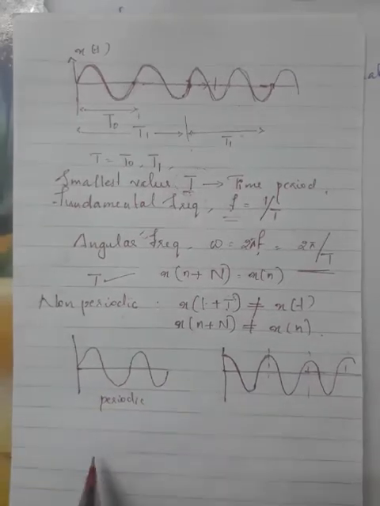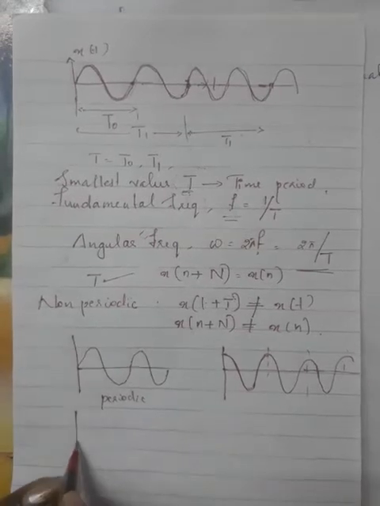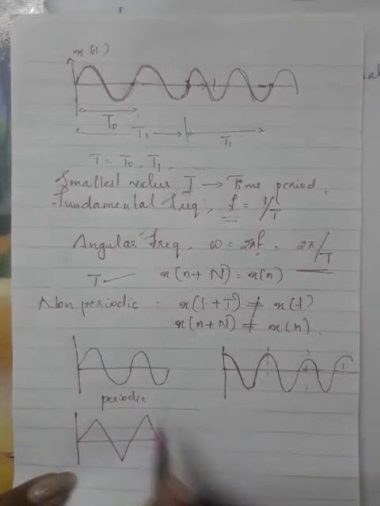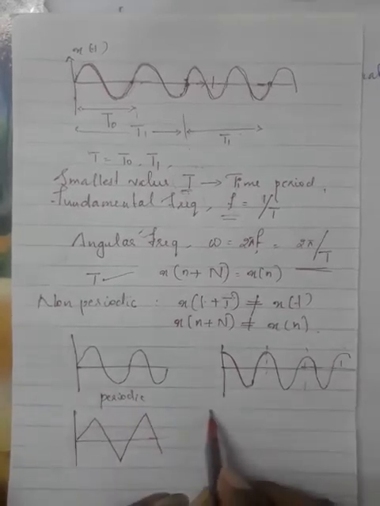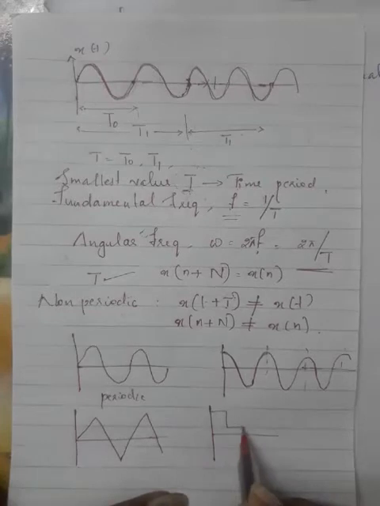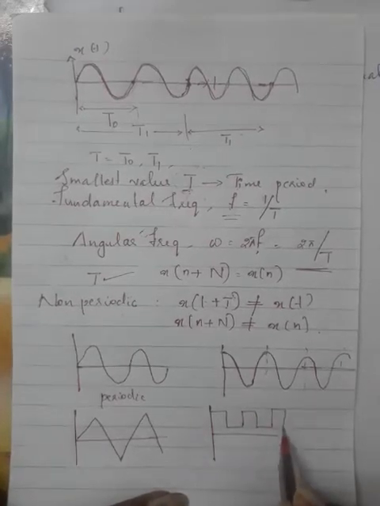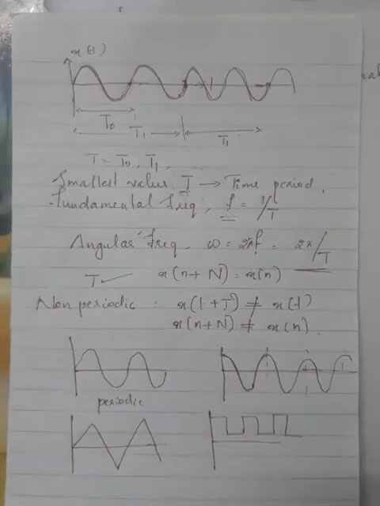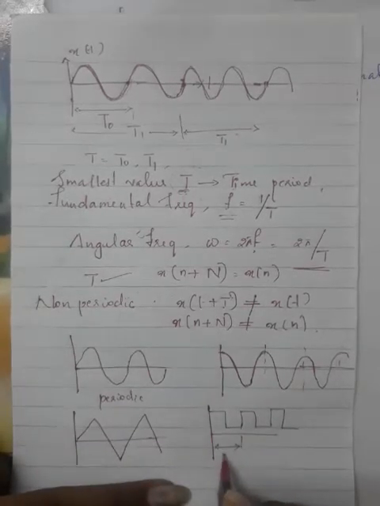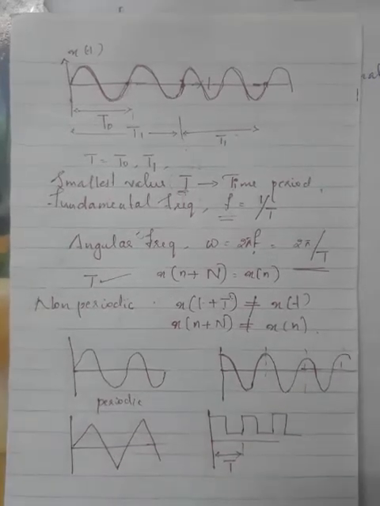Or we can draw another example like this. This is also a repeating signal. Or we can say a signal like this. This is also a periodic signal for every time duration capital T.